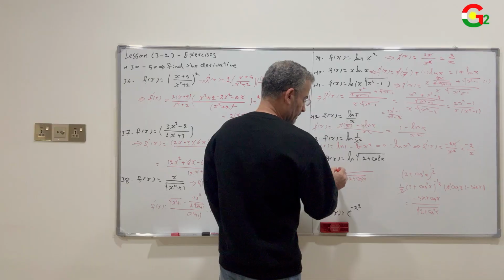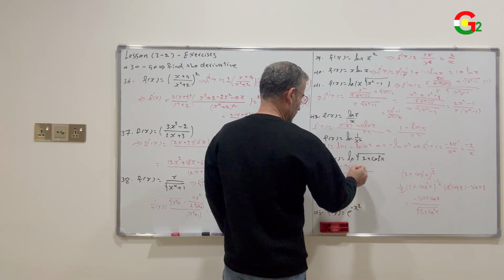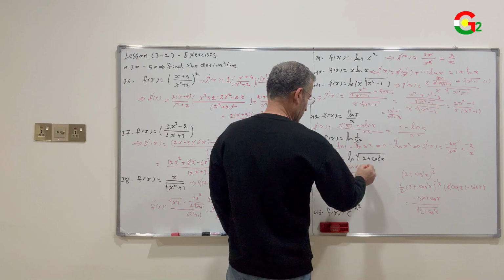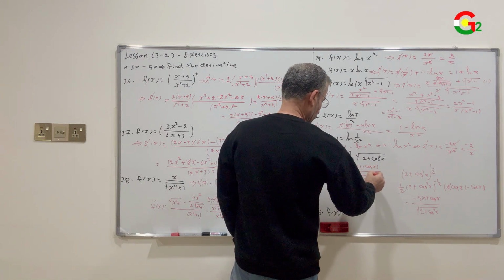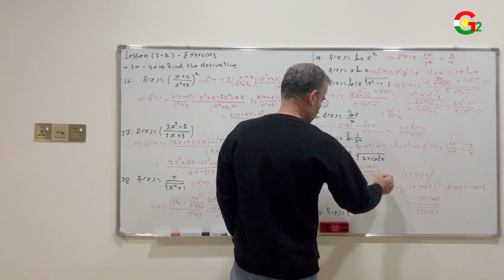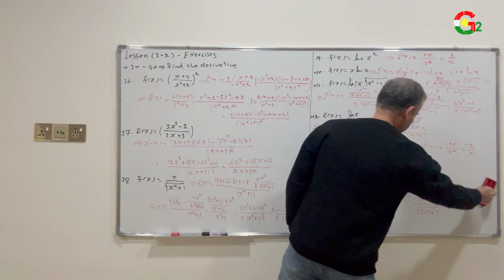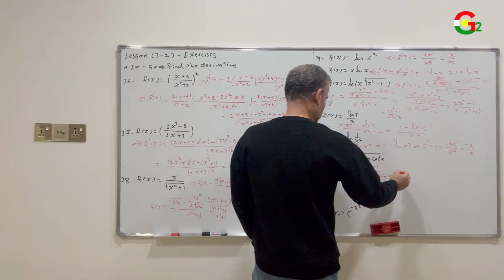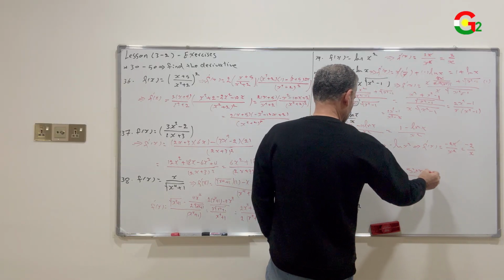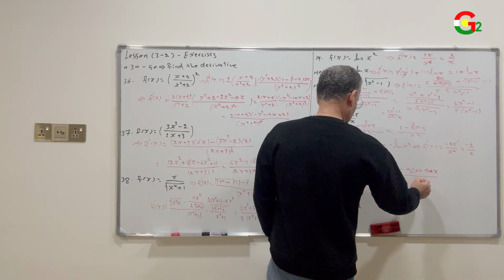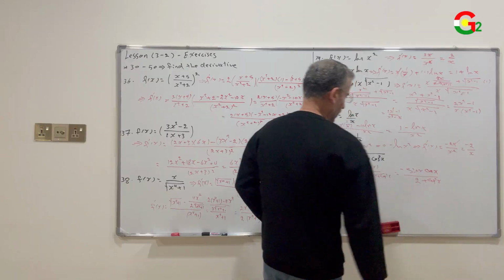Rewrite it here, negative sine x times cosine x over square root of 2 plus cosine squared x, equals negative sine x cosine x over 2 plus cosine squared x.